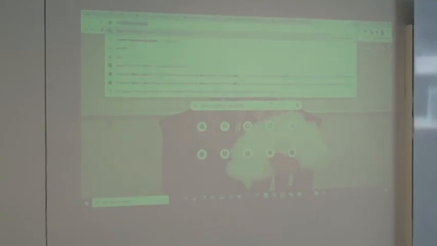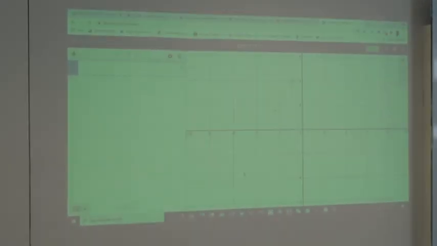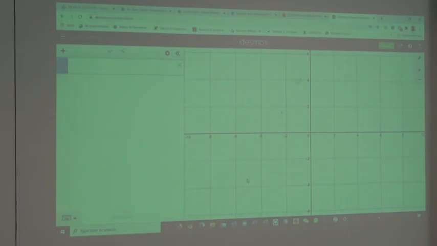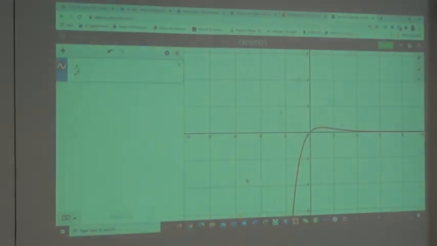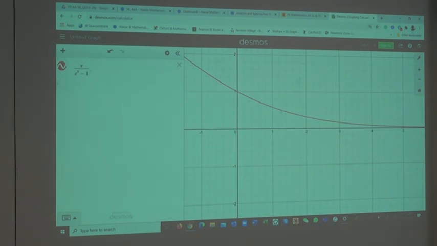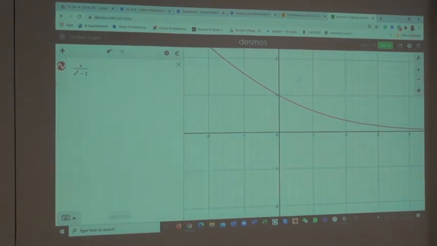Because the L'Hôpital's Rule talks about, okay, let's check this first. x divided by exponential x minus 1. As x moves close to 0, as x tends to 0, you see? Either from the left or from the right, where does the curve move close to?